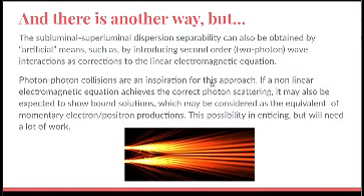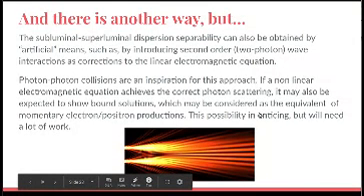Photon-photon collisions are an inspiration for this approach. If a nonlinear electromagnetic wave equation achieves the correct photon scattering, it may also be expected to show bound solutions which may be considered as the equivalent of momentary electron-positron pair predictions. This possibility is enticing, but it will need a lot of work.